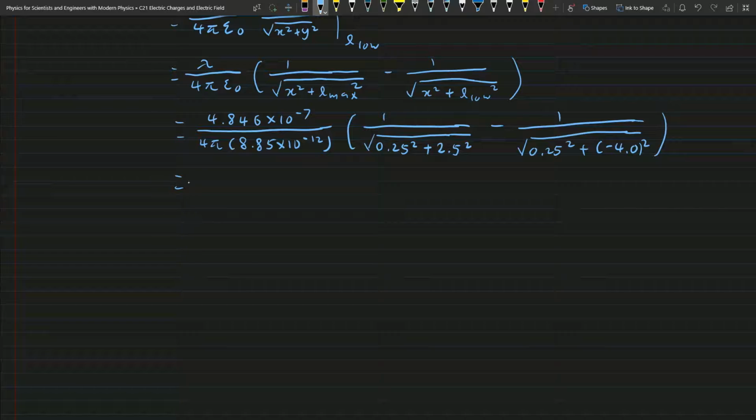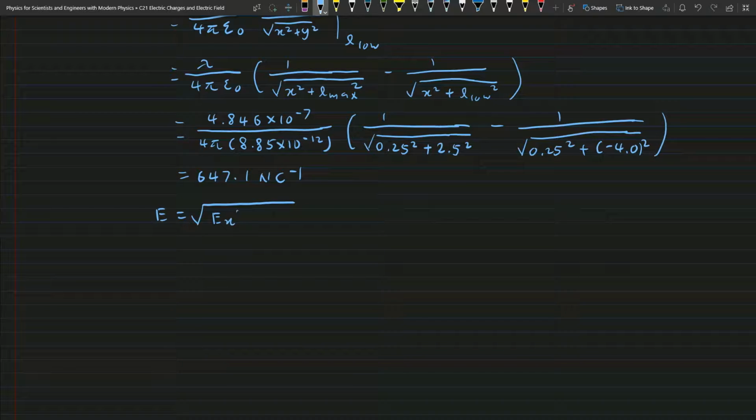So I get this is equal to 6470.1 newton per coulomb. So let's calculate the magnitude.